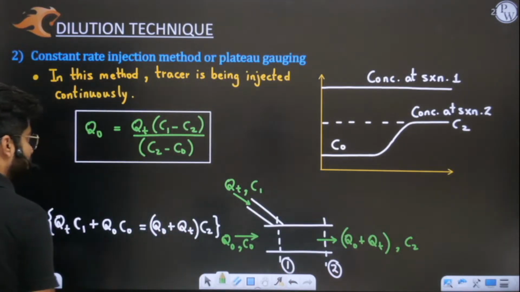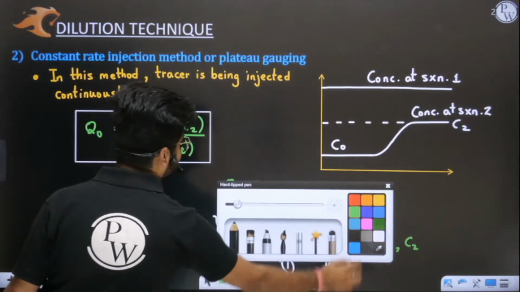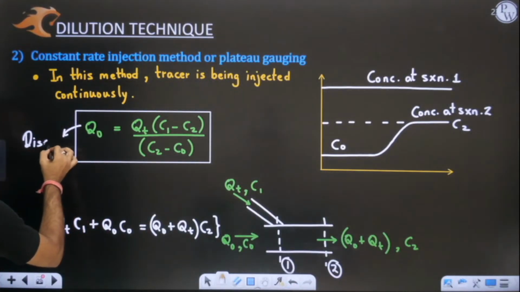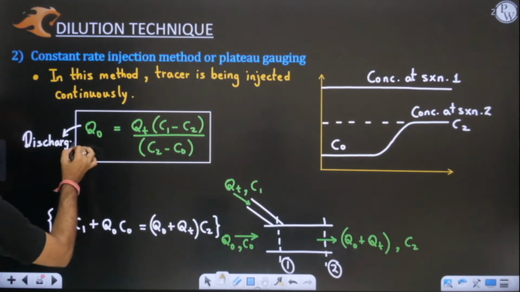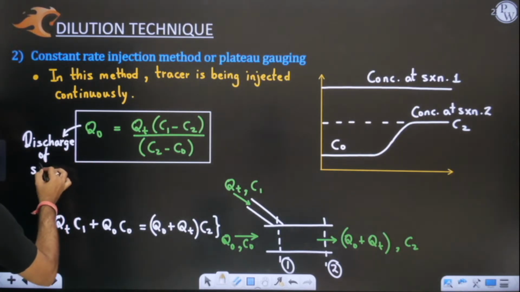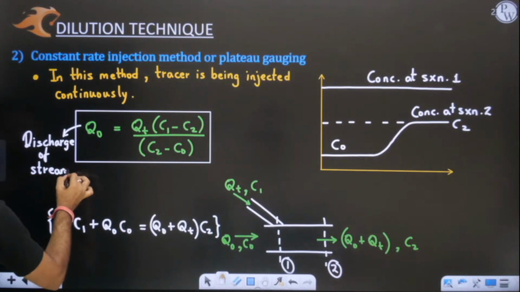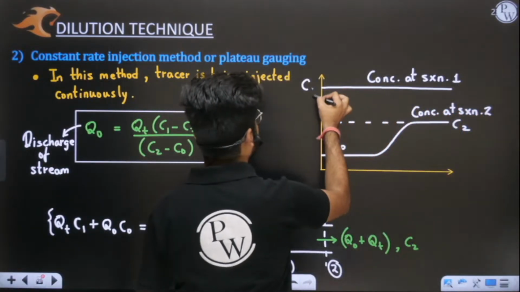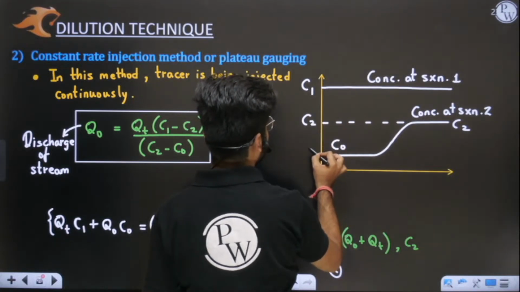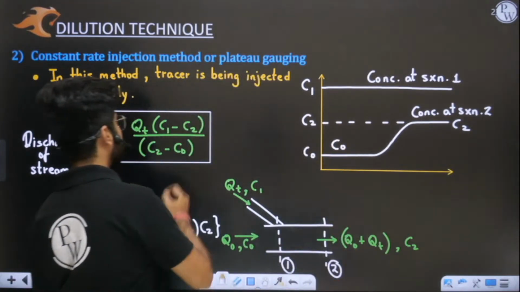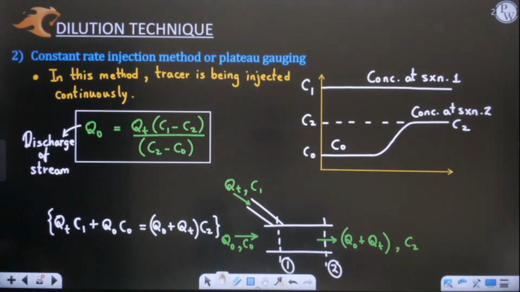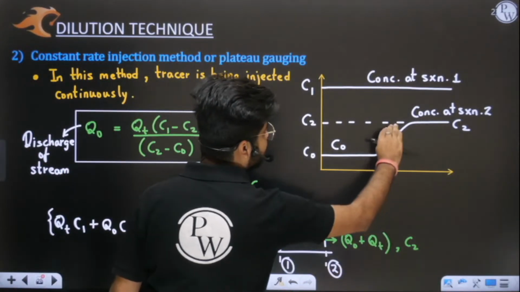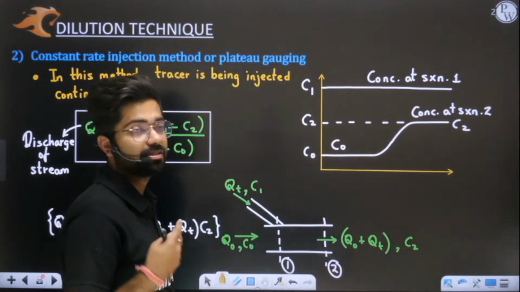So Q0 is giving me the discharge of the stream, which I want to find. C1 is the initial concentration of the injected tracer, C2 is the constant concentration at section 2, and C0 is the initial concentration. C2 means the concentration has become constant after some time.